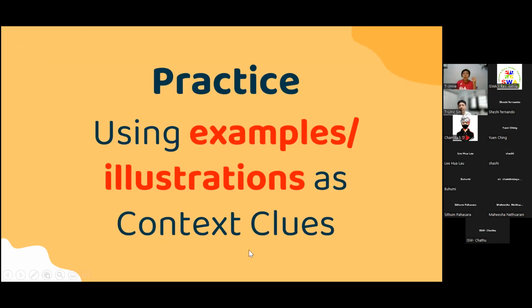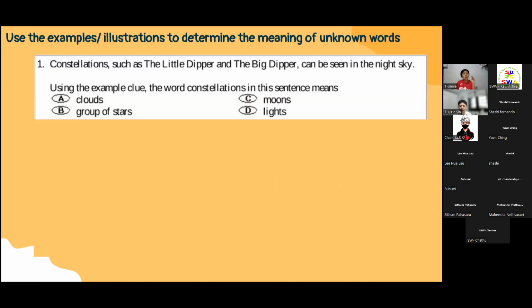So that's where you use the examples and the illustration in the text to tell you what could be the answer. So we're going to go through, I think, 12 questions of quiz, to help us understand illustrations and examples better.